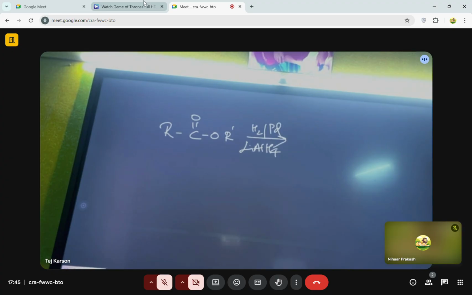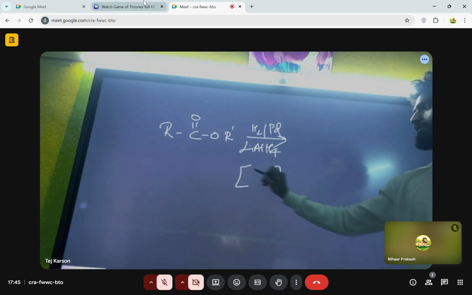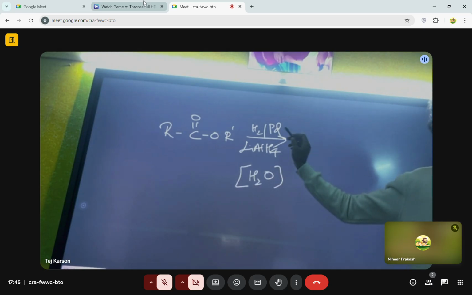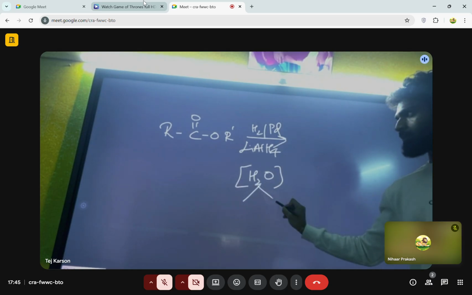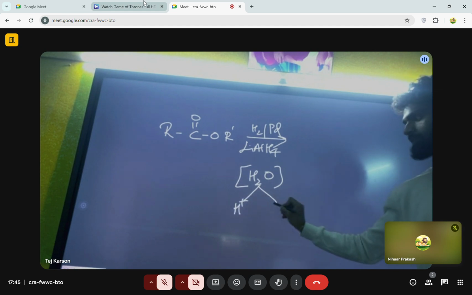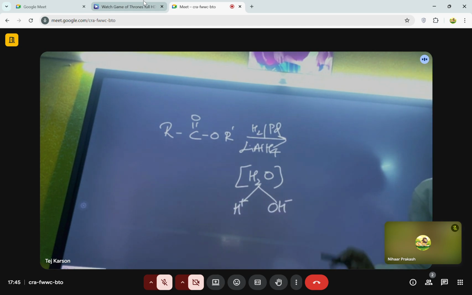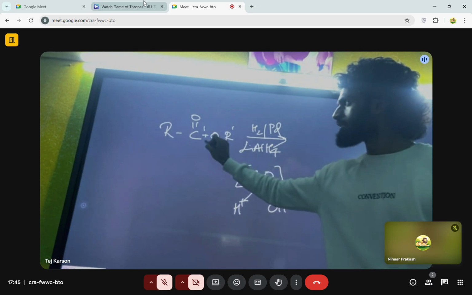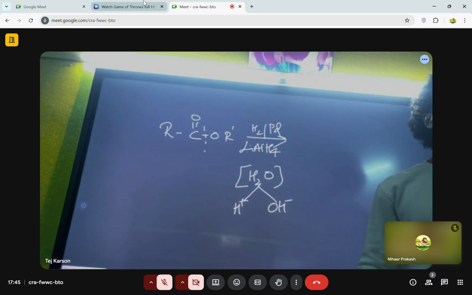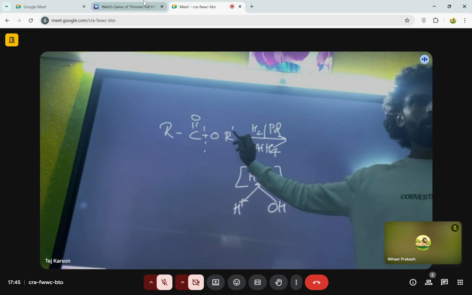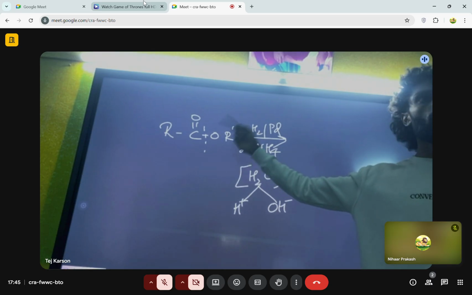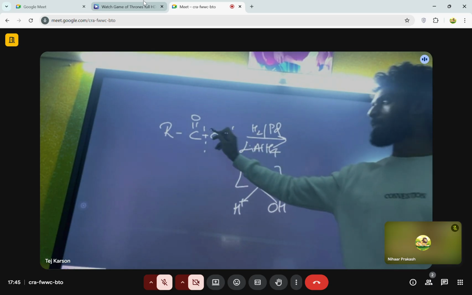Okay, now listen. It's an interesting thing. Water gets released here. The trigger point is this. Water breaks down to form what and what? H plus and OH minus. Now listen here. The bond between this C and this O breaks. Now, the moment it breaks, on top of O obviously will be a negative sign, because on top of C will be a positive sign.